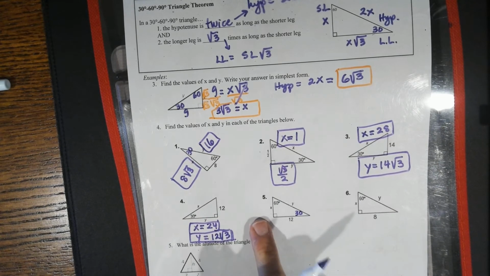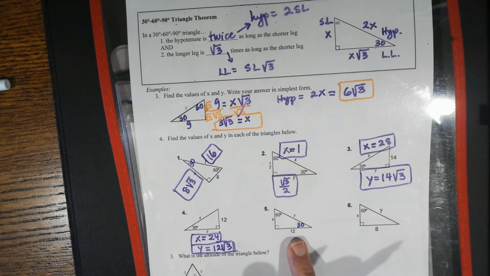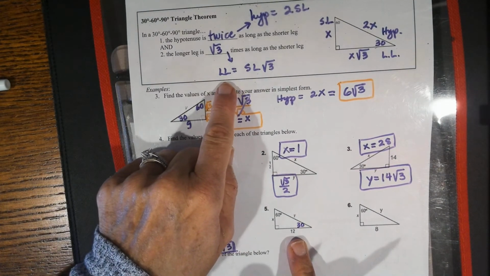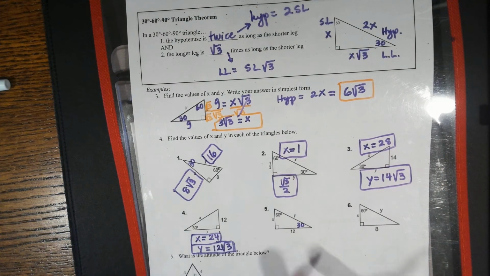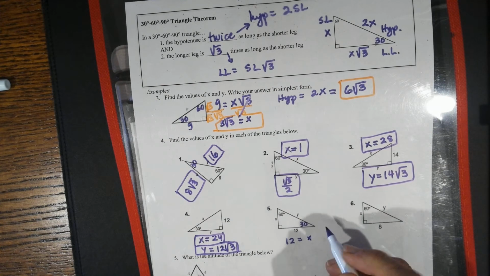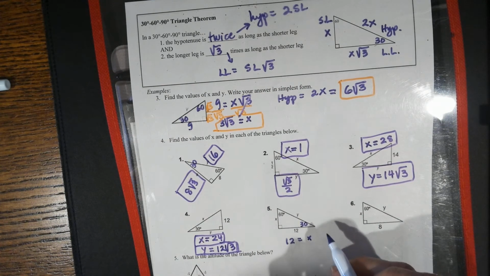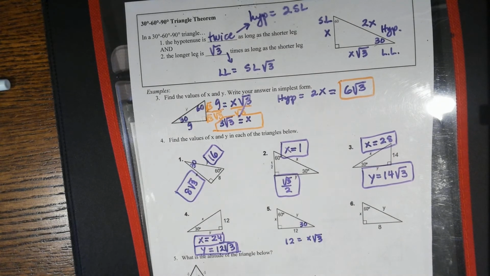So now if you don't know that short side, but you know the longer leg, you still have these little equations here. The longer leg, so 12 is going to equal x root 3. You're going to divide both sides by root 3.